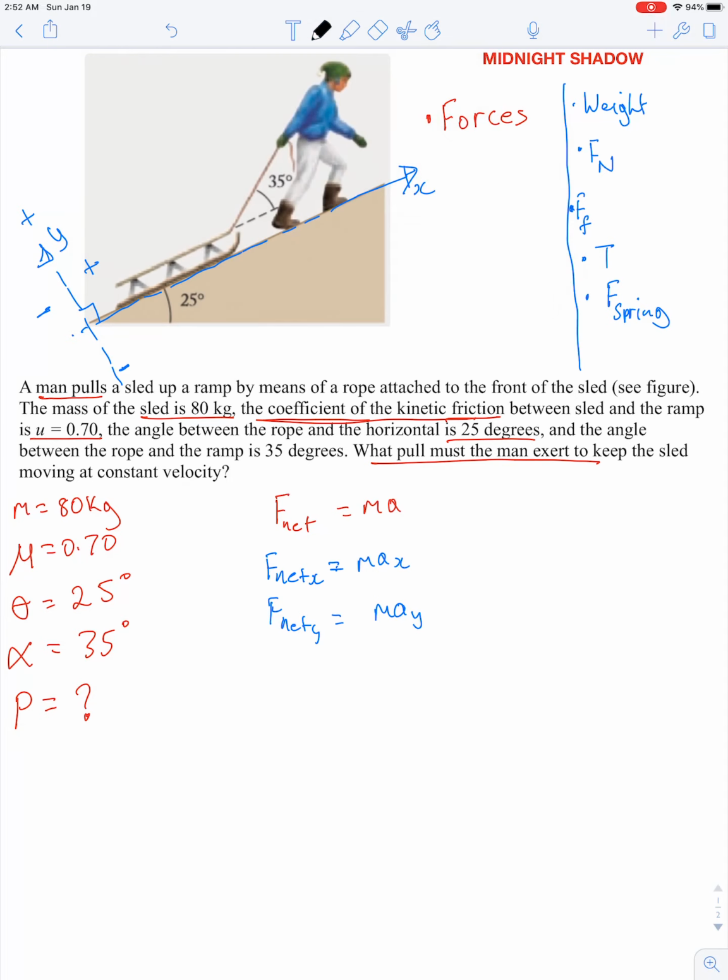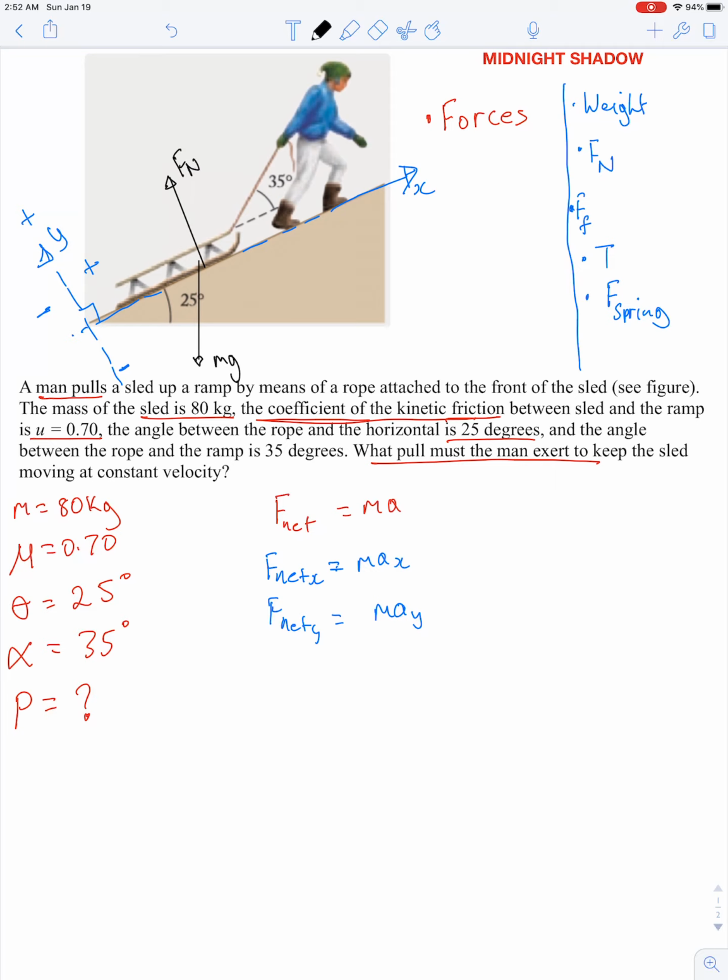Let's see. Weight, yes, all masses have weight and weight acts straight down. So we do have weight. Hopefully that's straight down. That doesn't look straight at all. Let's go back here and draw this straight. Okay, great. Don't draw your weight to the side. It's always straight down. And that's my weight. It's on a surface, so there would be a normal force, which is perpendicular to the surface, Fn.